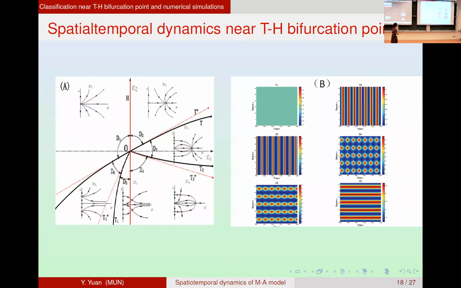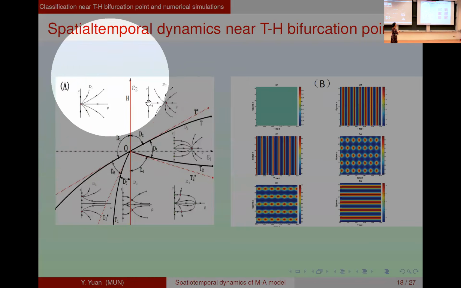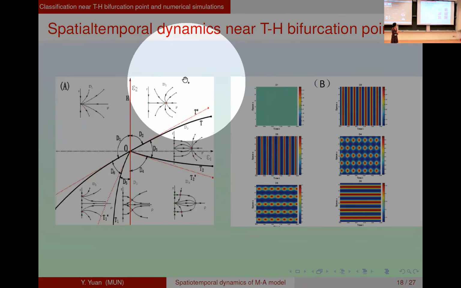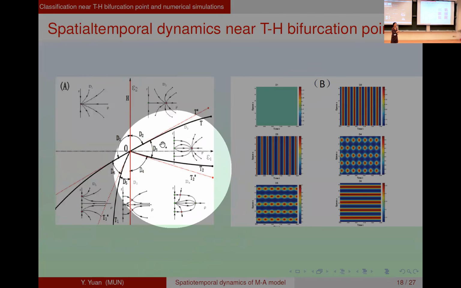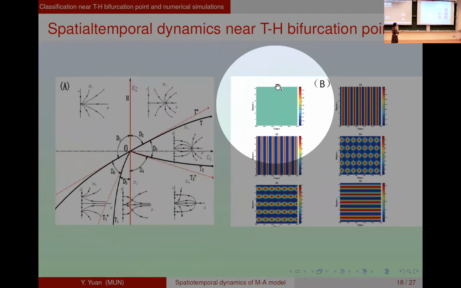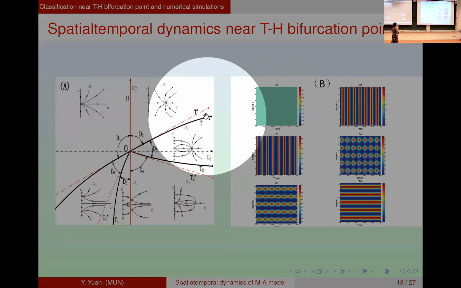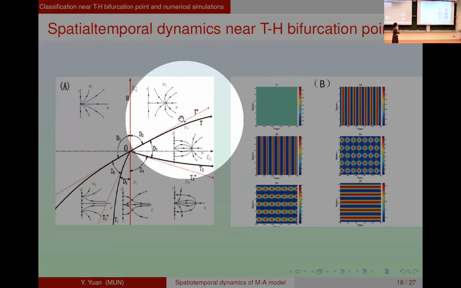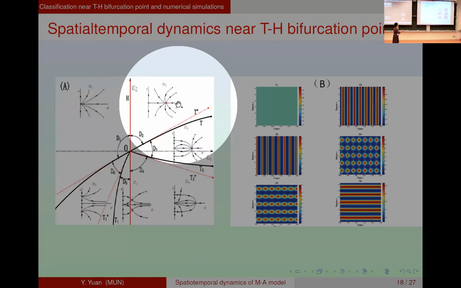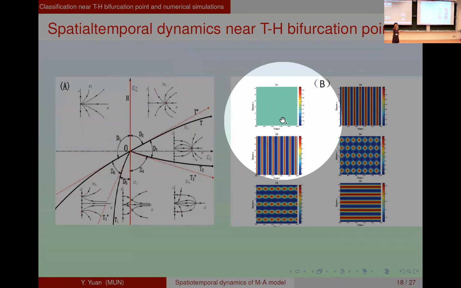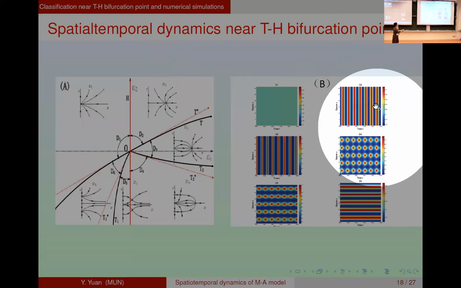One is the stable, spatially homogeneous steady state, which is this. For this one, it's stable, and this is a stable, spatially periodic solution, which corresponds to this periodic one.